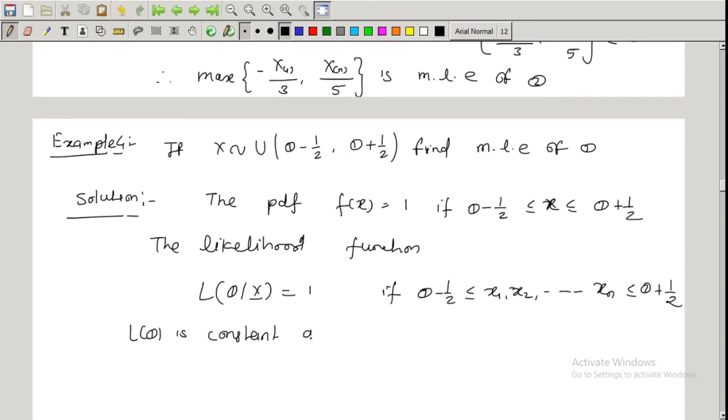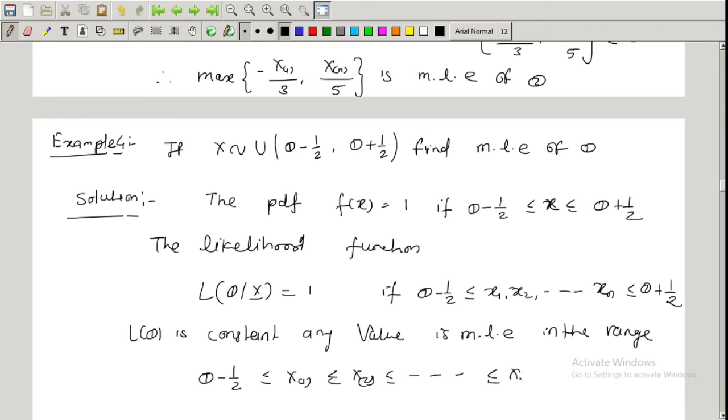Hence any value in the range is a maximum likelihood estimator. So here theta minus 1 by 2 is less than or equal to x order 1, less than or equal to x order 2, less than or equal to x order n, less than or equal to theta plus 1 by 2.